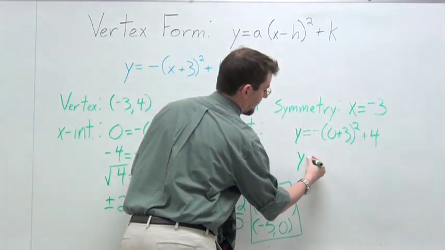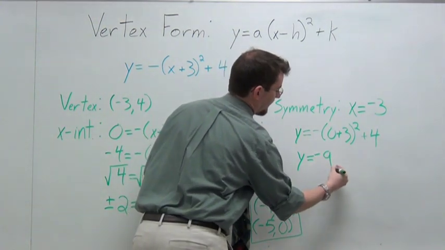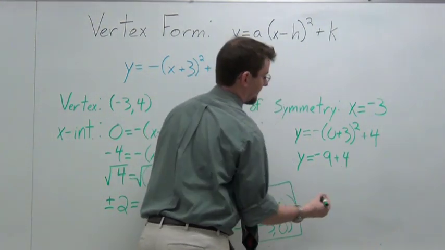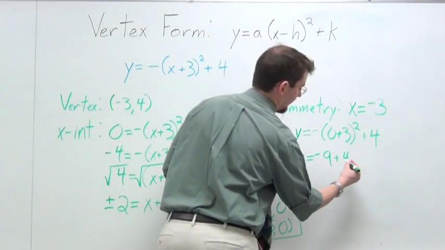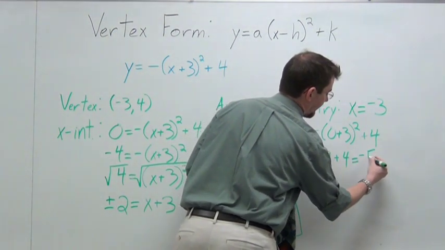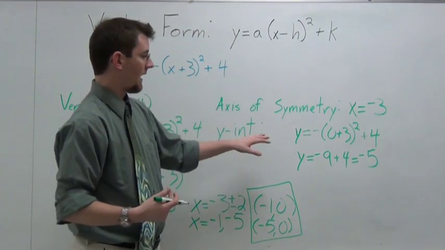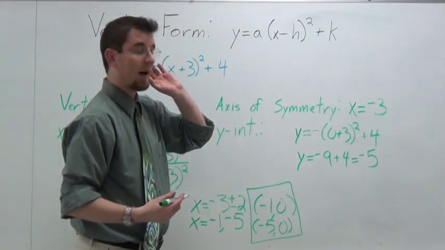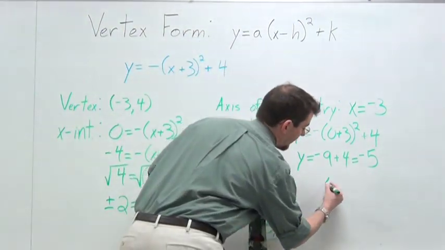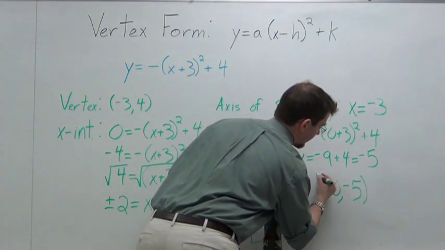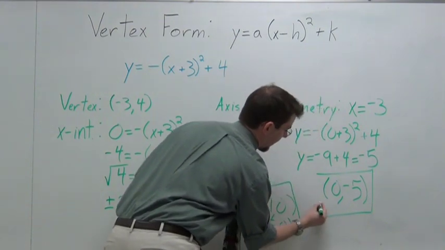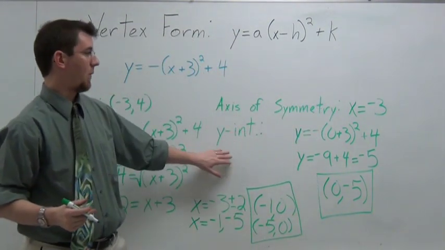So if I go ahead and evaluate this, I get negative 9 plus 4, and that's the same as negative 5. And from there, I've got my y-intercept. I'm going to write it as a point, 0, negative 5. And that is my y-intercept.